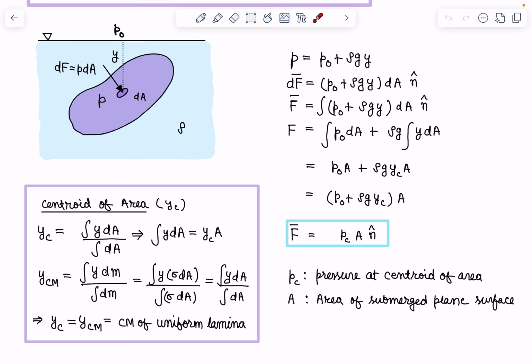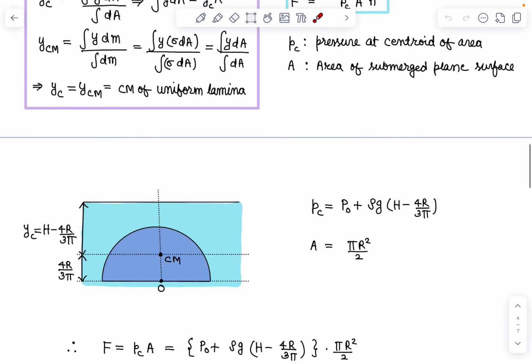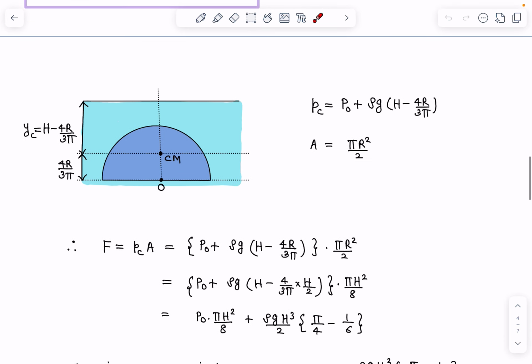So that same thing we will be using for the above problem, because this time we have a semicircular gate, and this line is at depth h from the free surface.